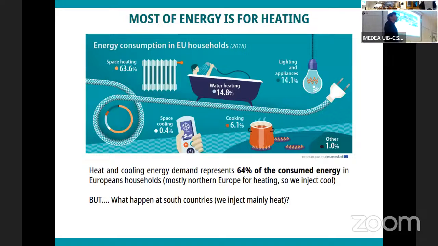Why is this important? For instance, in the European Union, more than 60% of the energy we waste is for space heating and space cooling. We don't have to consider water heating or cooking, which is not the common use of geothermal systems, so we cannot see this 40%.